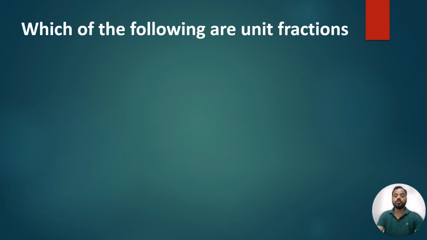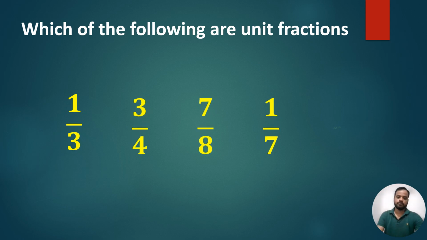Next, we have to find which of the following are unit fractions. So we know that unit fractions are those fractions whose numerator is 1. So here the numerator is 1.